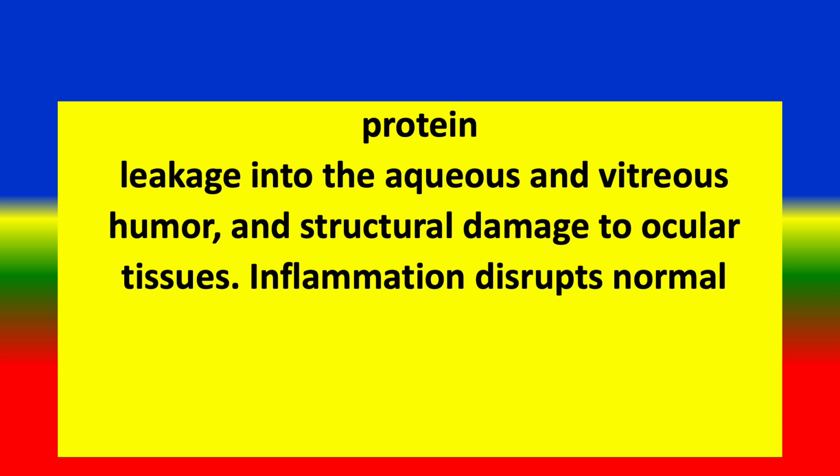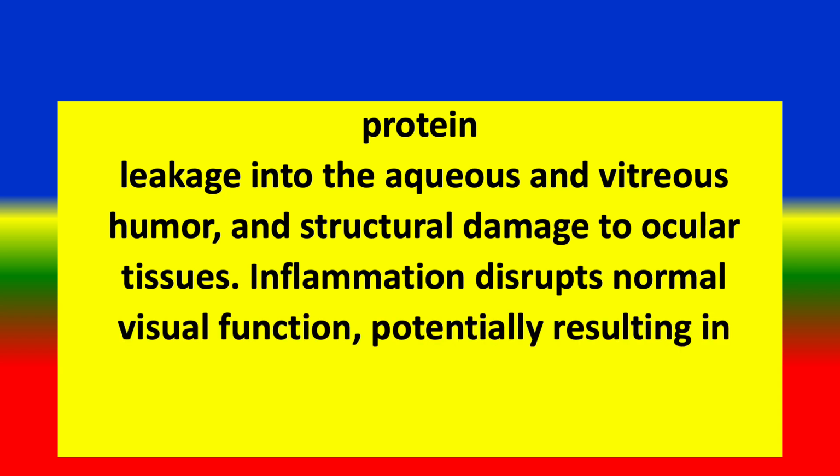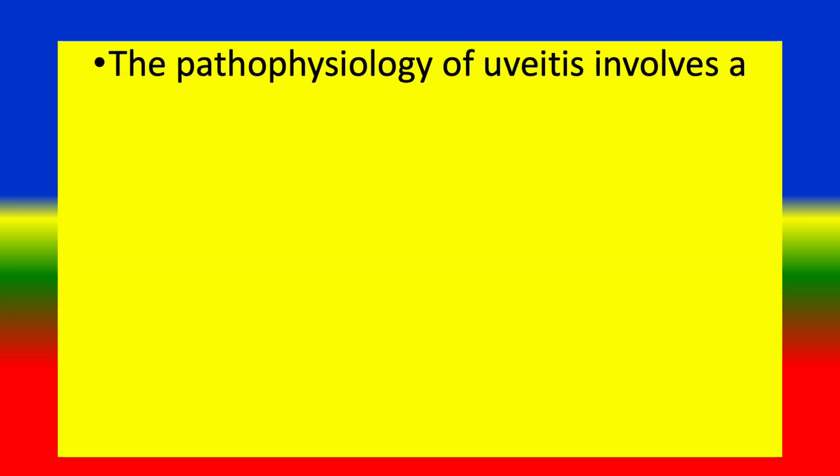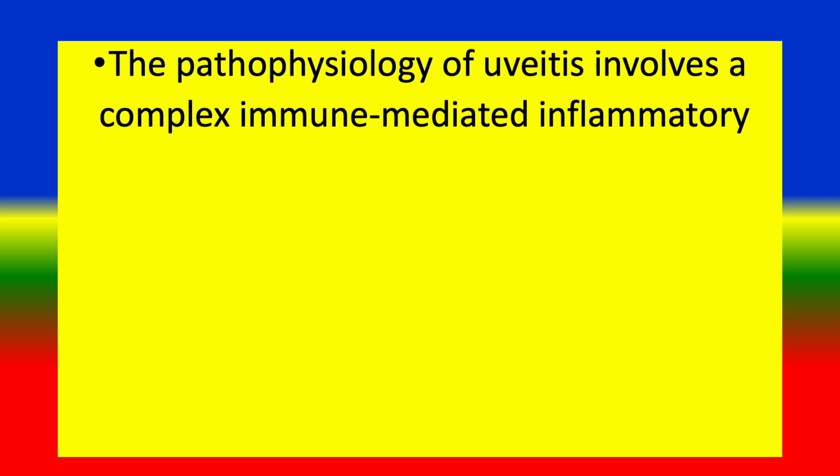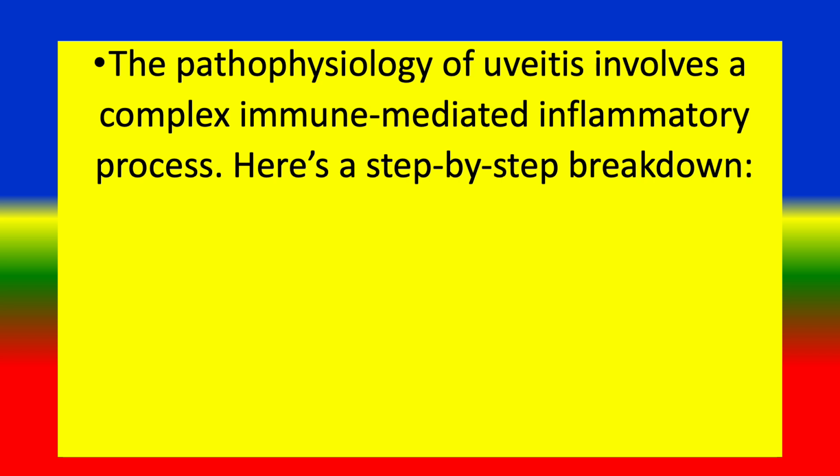Inflammation disturbs normal visual function, potentially resulting in irreversible damage. The pathophysiology of uveitis involves a complex immune mediated inflammatory process.